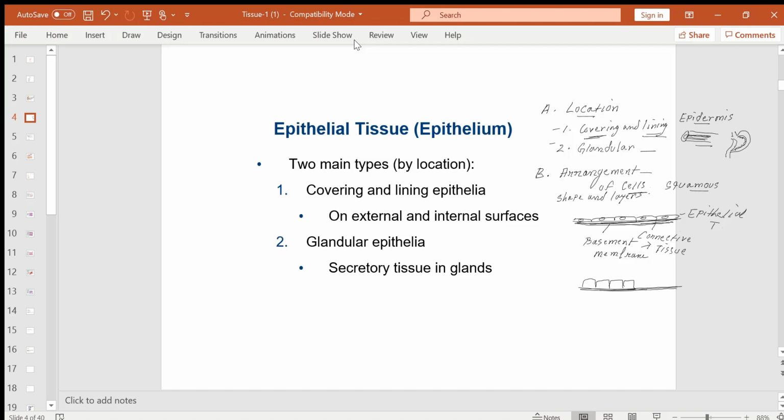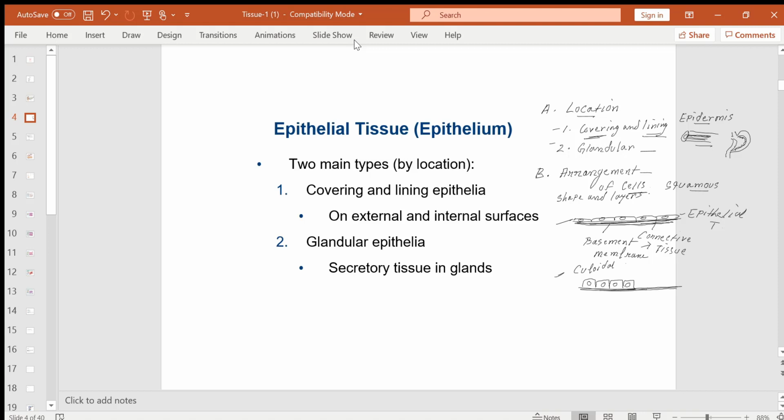Okay, nucleus. So this type of epithelial tissue is called cuboidal. Okay, cuboidal. So this is squamous, this is cuboidal.